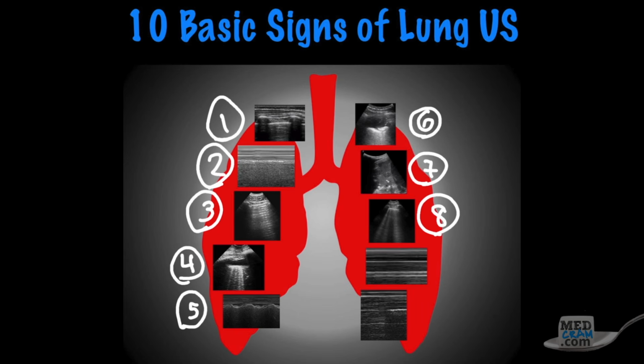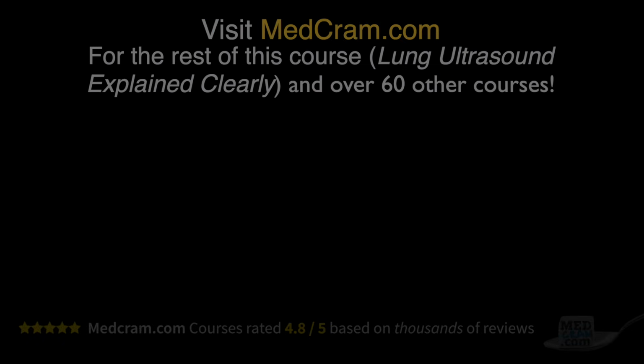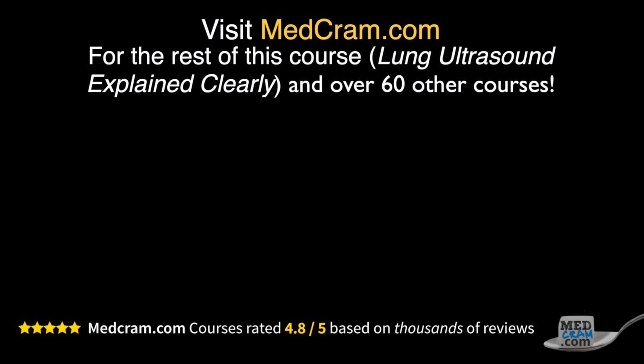Number 8, lung rockets, these vertical flashlight-like beams coming off of the pleural line, moving with the pleural line, obliterating the A line. These are indicative of interstitial syndrome. Number 9, the stratosphere sign, or the barcode sign, which is indicative of lack of lung sliding. And then number 10, the lung point, which is indicative of pneumothorax. That's where you have lung sliding and lack of lung sliding in the same intercostal segment.